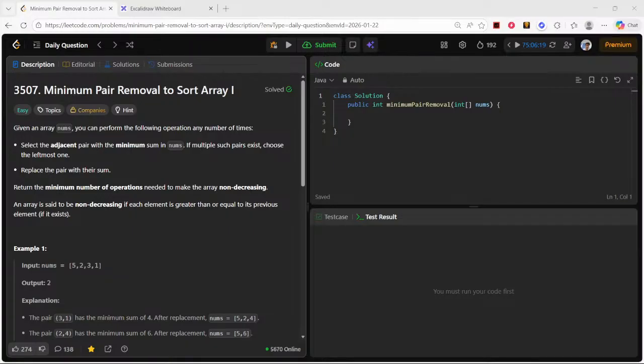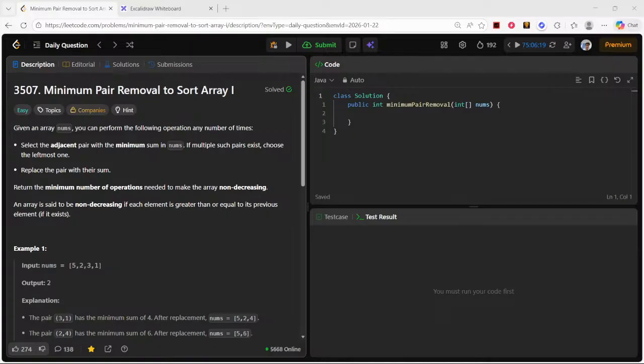Then we shift the remaining elements to remove the second element of the pair, decrease the effective array size, and increment the operation counter. Once the array is sorted, return answer. The time complexity is O(n square).